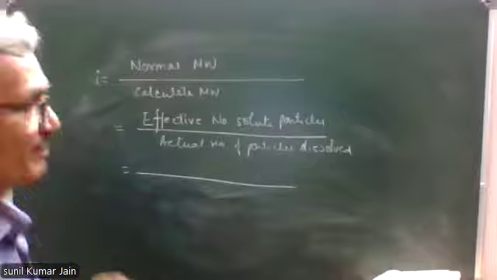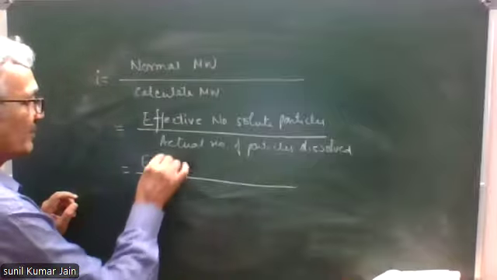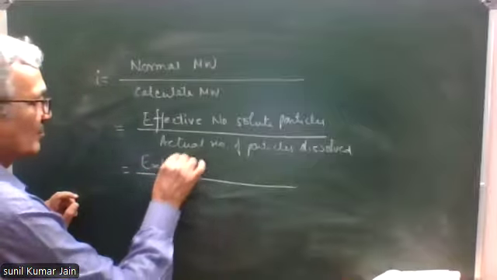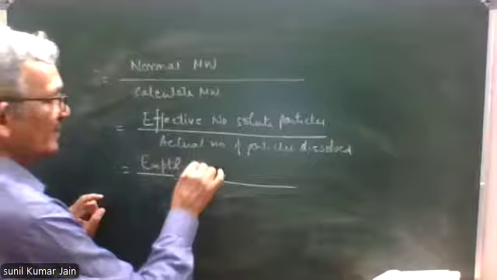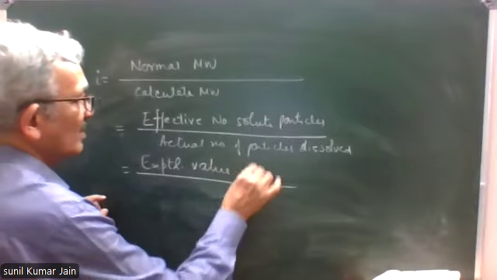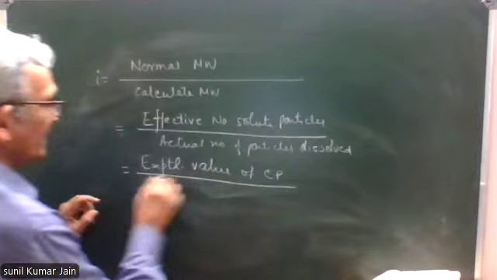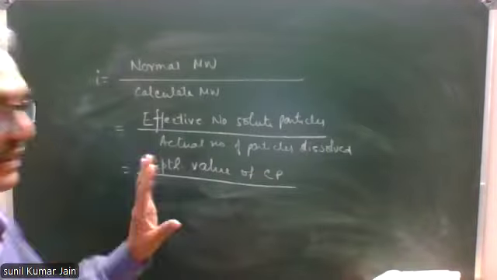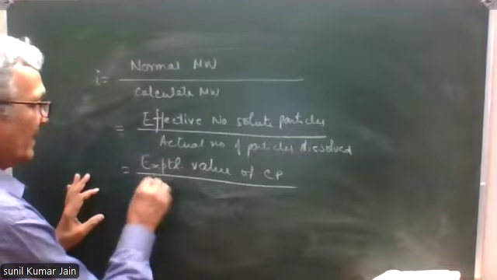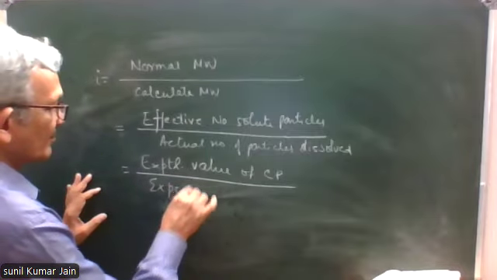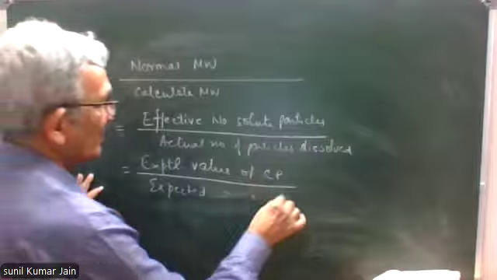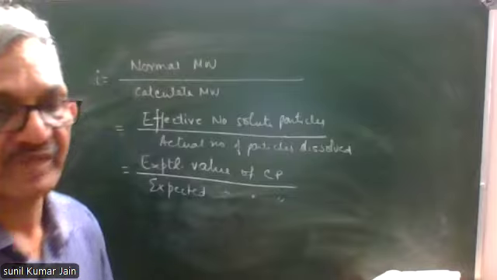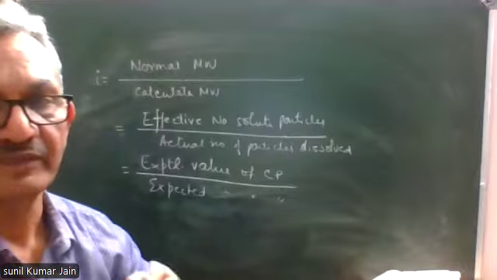Third definition: the experimental value of the colligative property in the numerator, and the denominator will be the expected value of the colligative property.